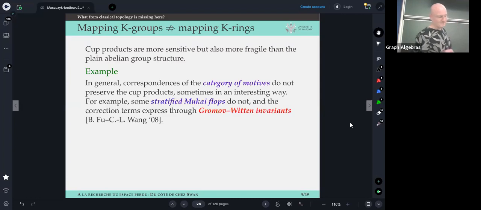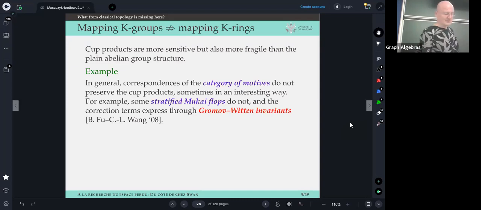For instance, there are some birational transformations called stratified Mukai flops. These are correspondences which do not respect the product. However, the correction terms can be expressed by very interesting invariants, which are called Gromov-Witten invariants.